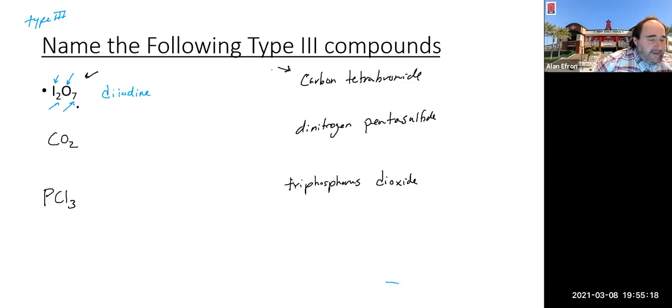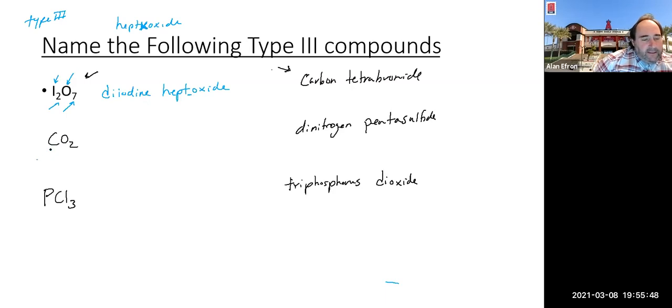Prefix for 7 is hepta, and the next guy would be IDE for the oxygen. So this would be heptoxide. Again, here it is hepta, and then we have the oxide, that AO situation happening, so we'll get rid of the A there. So diiodine heptoxide would be our correct name.